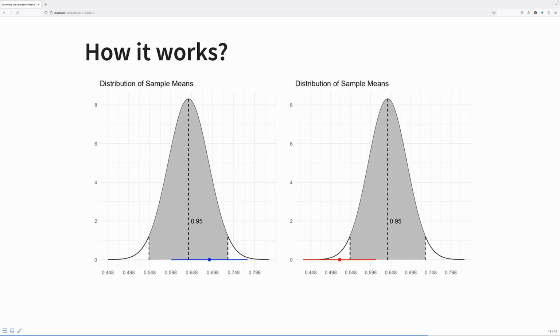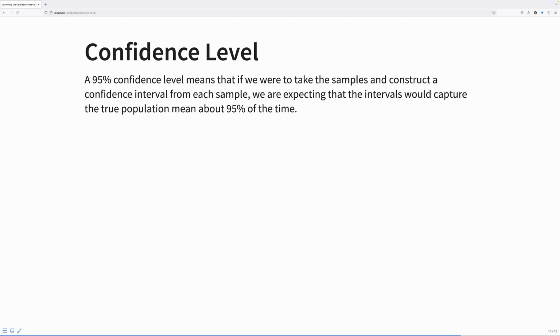But sometimes the confidence interval captures the true proportion, and sometimes it doesn't, like the right one over here. That's why we need a confidence level. A 95% confidence level means that if we were to take many samples and construct a confidence interval from each sample, we expect that the intervals would capture the true proportion about 95% of the time.